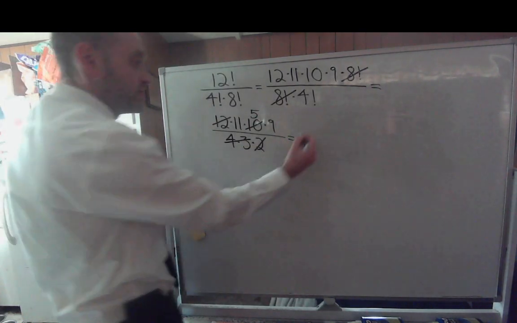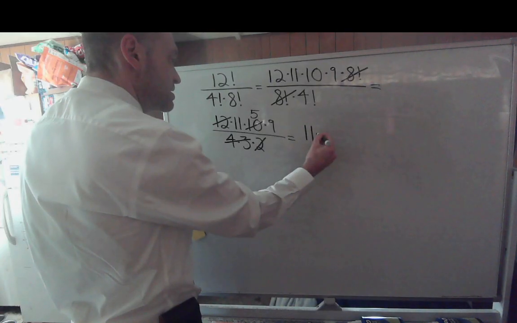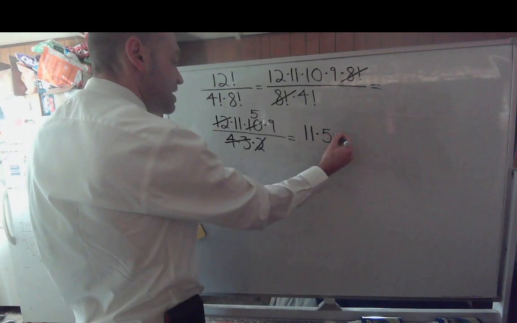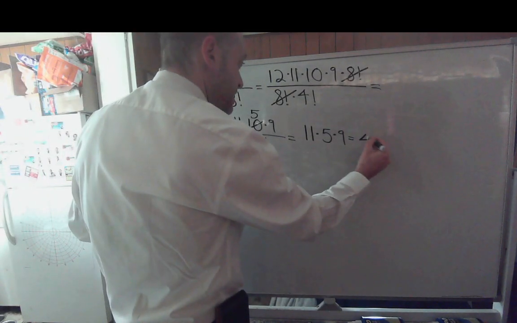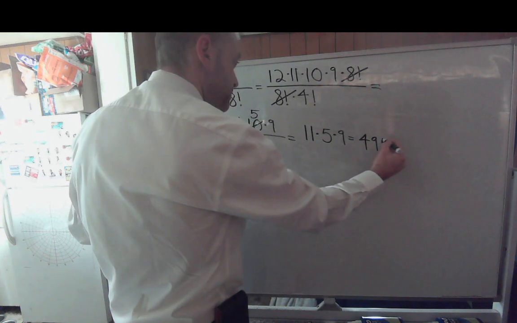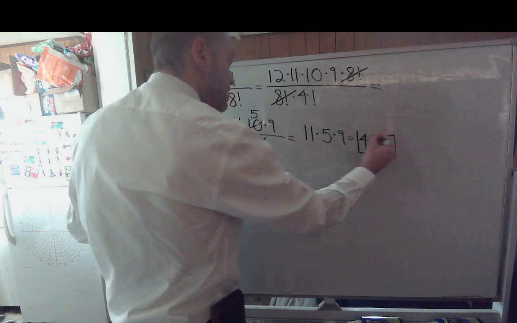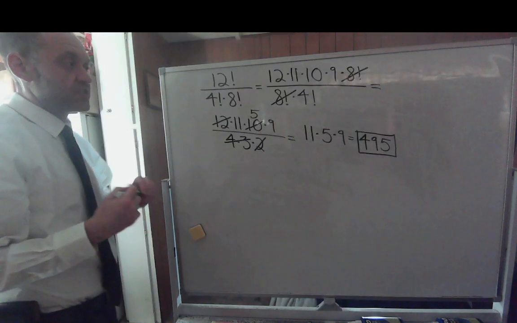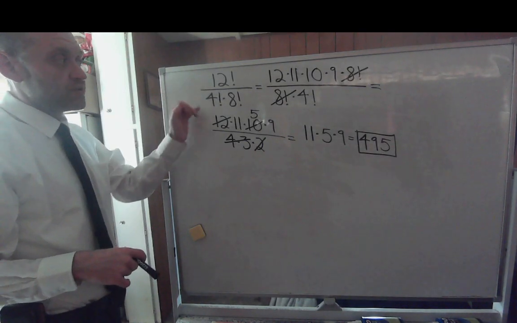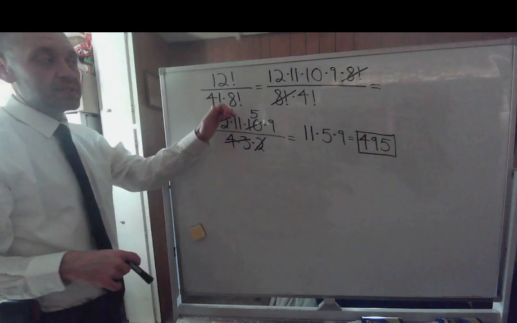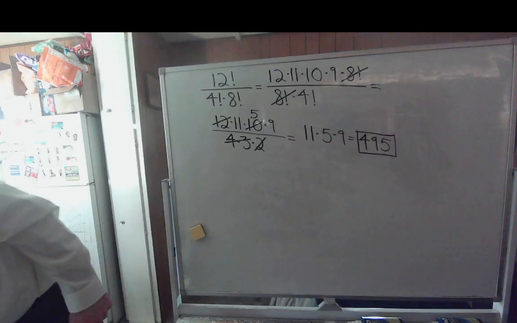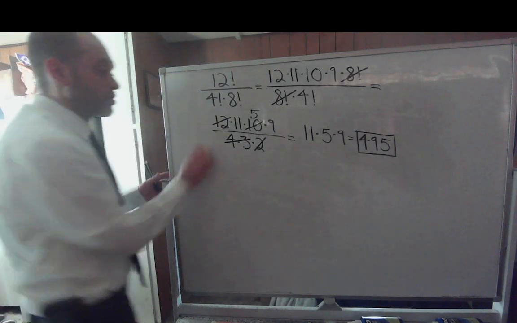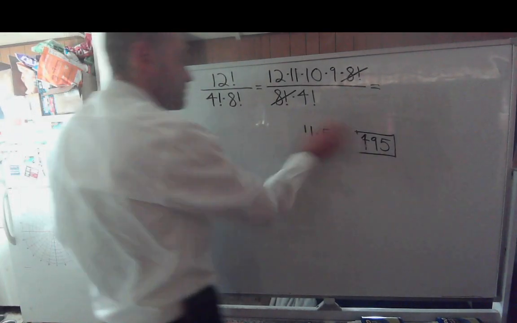So what you have now is simply 11 times 5 times 9, which would equal 495. So once we simplify this, we get that 12 factorial divided by 4 factorial times 8 factorial equals 495. Let's do one more of these, then we'll do some algebraic factorials.